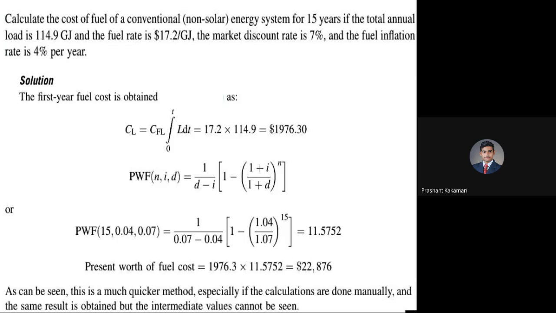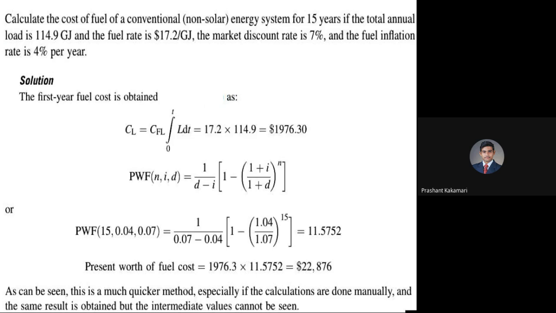The first year cost of fuel can be found by using the fuel rate per gigajoule. Per gigajoule, what is the fuel rate? It is 17.2 rupees as per our assumption, or $17.2, into the total load. Total load is 114.9 gigajoules. For 114.9 gigajoules, what will be the cost?